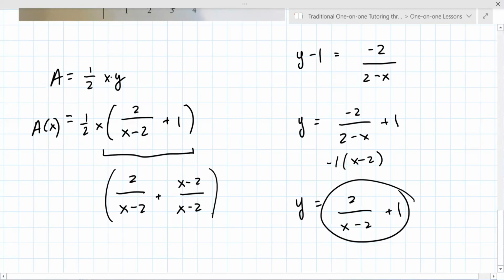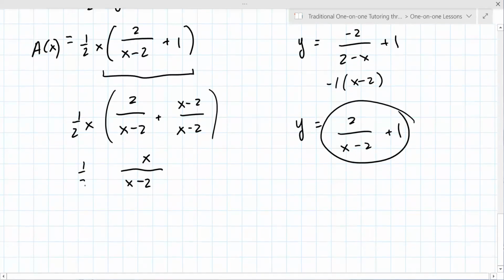So when you combine the numerators, see how that 2 cancels with that one? And you're just left with x on top. And then you get 1/2 x here. So it ends up becoming x squared over, and then this 2 goes with these. So you get 2x minus 4 is the area function.